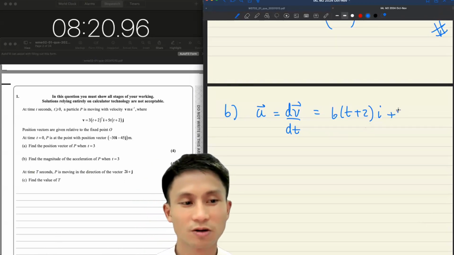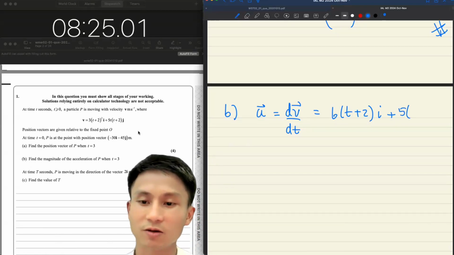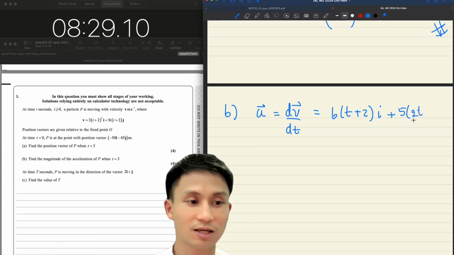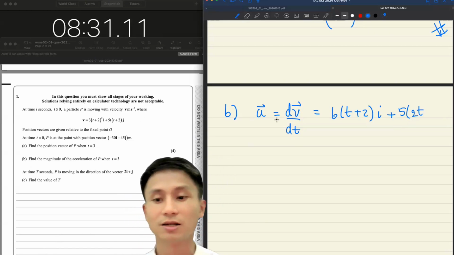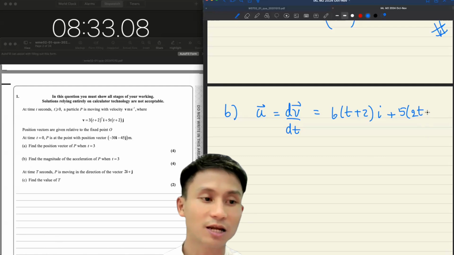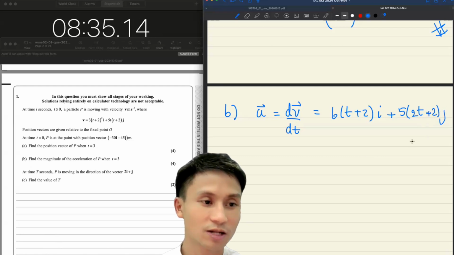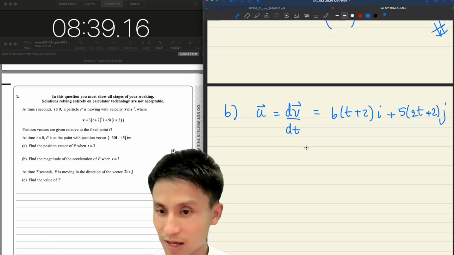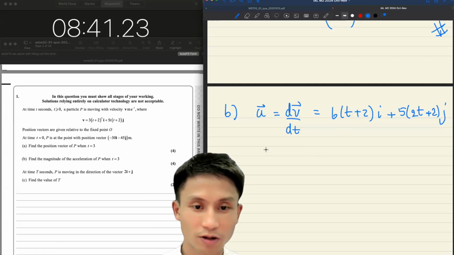If you keep the 5 in front of everything, you have t squared. And when you differentiate t squared, you get 2t in the brackets. The t plus 2 differentiated gives you 2t. You differentiating 2t, you just get 2. That's for the j. Okay, that's the acceleration. And we want the magnitude, so we put in t equals 3.